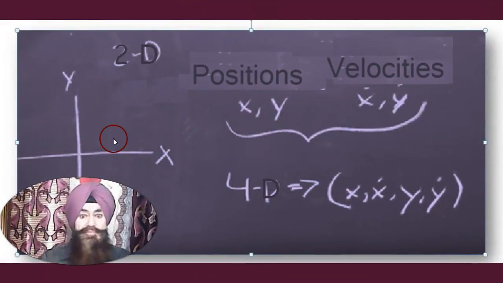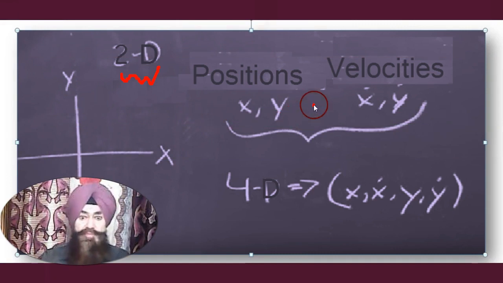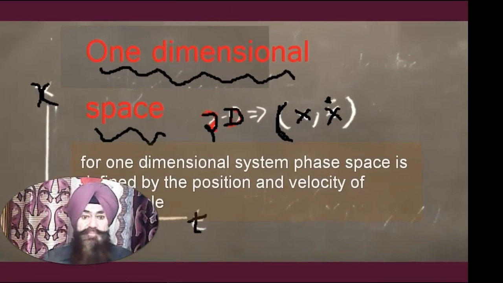Now, in the case of a two-dimensional system, to specify a particle with respect to its position and momenta, we need two position coordinates and two velocity coordinates. That means 4 coordinates are required for one particle completely.